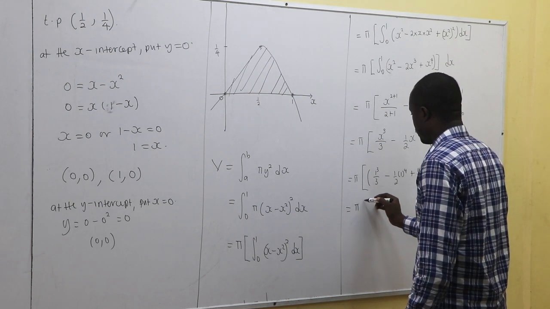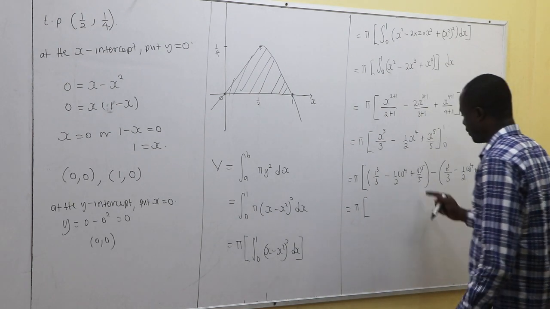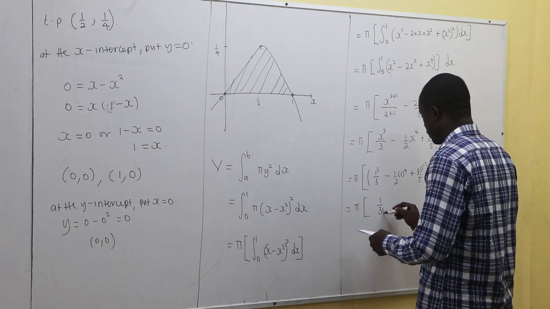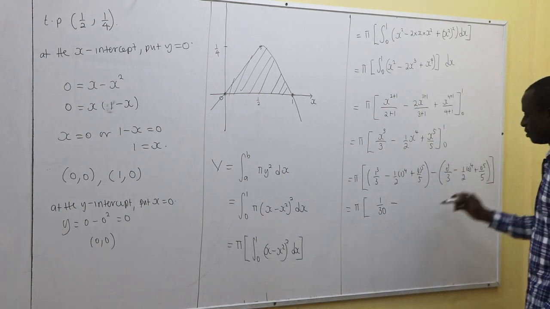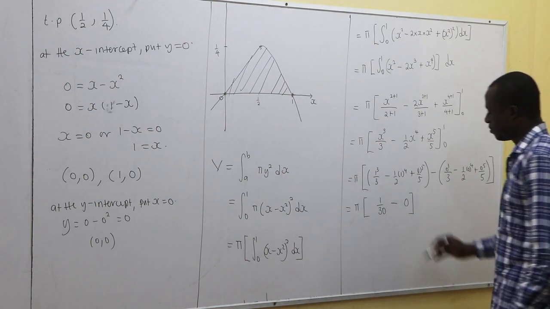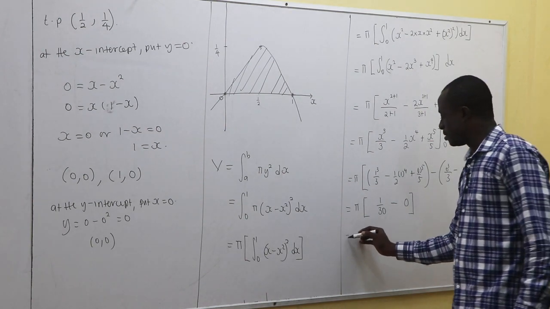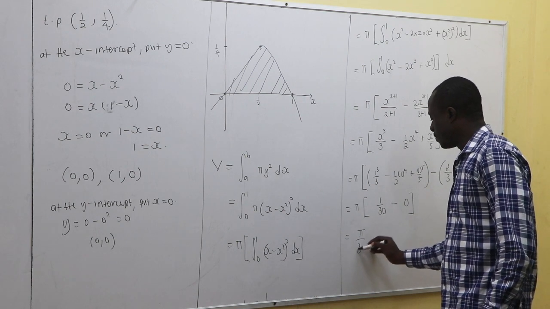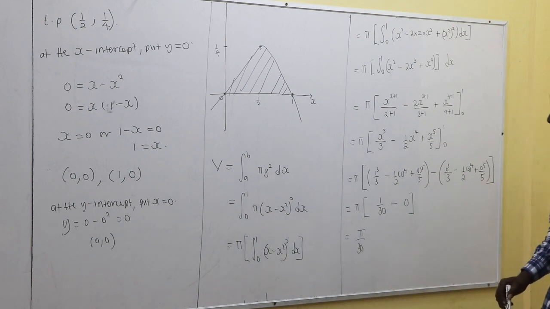Now when we work this out, we get 1 over 30 minus 0, and this is the same as pi over 30.